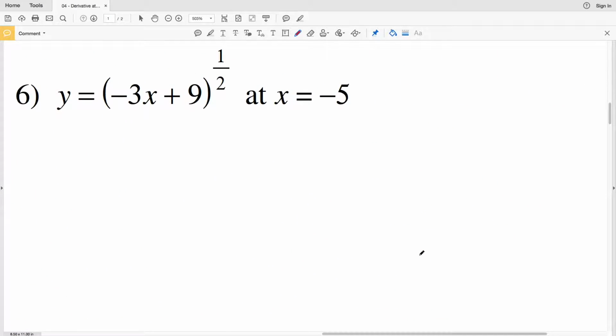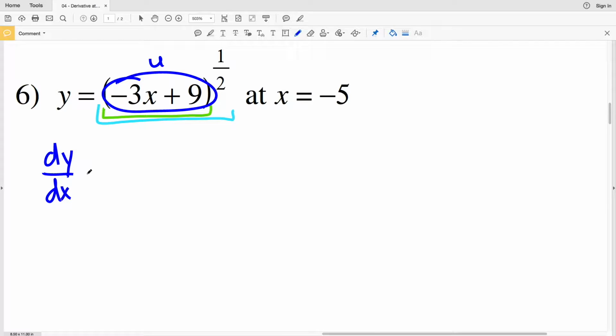In number 6, again, we're going to be applying this chain rule. So we're looking at that outermost function, and then we're looking at that inner function. So we can think of this as negative 3x plus 9 as u, and that's u to the 1/2. So the derivative of y with respect to x, we're finding the derivative of y with respect to u.